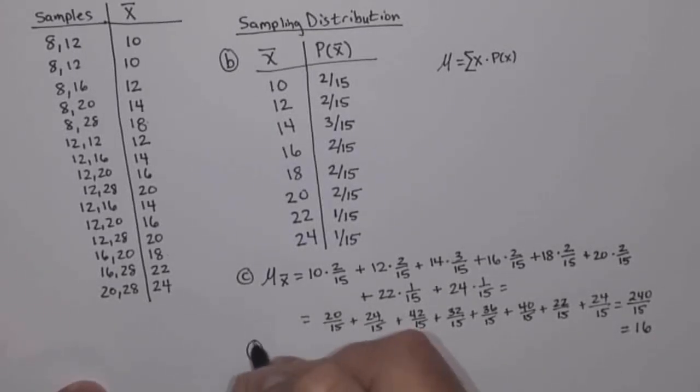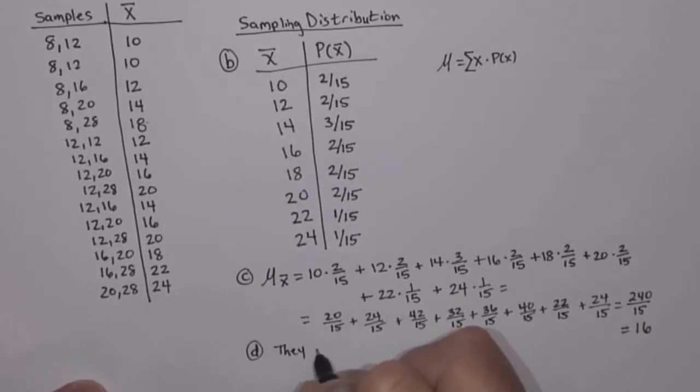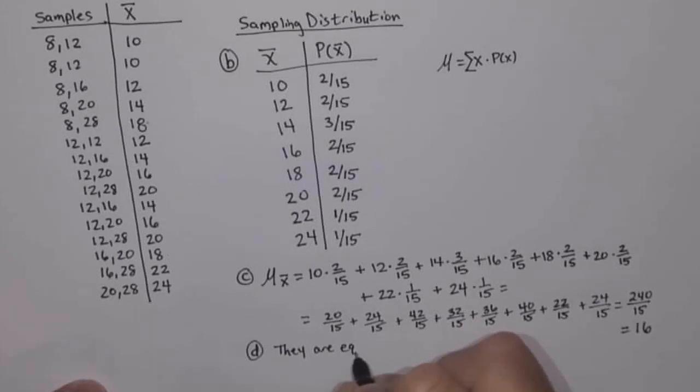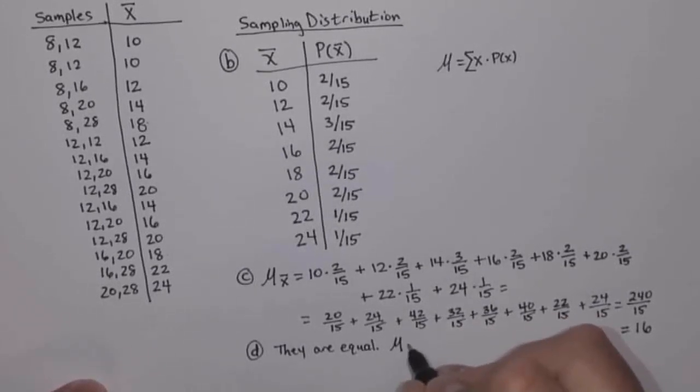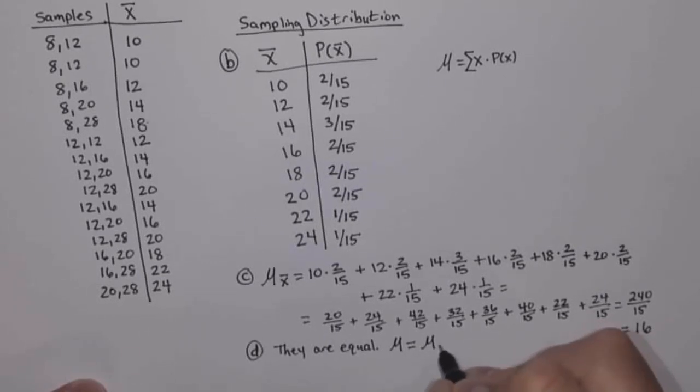So how do these results compare? They are equal. In other words, we found that the mean of the population equaled the mean of the x-bar distribution. And we're going to see in the next video that this is always true.